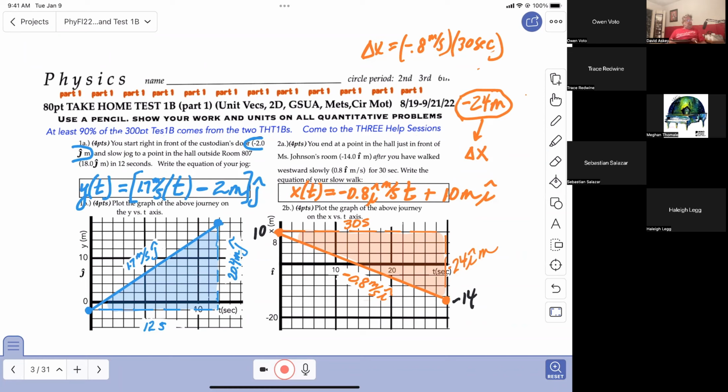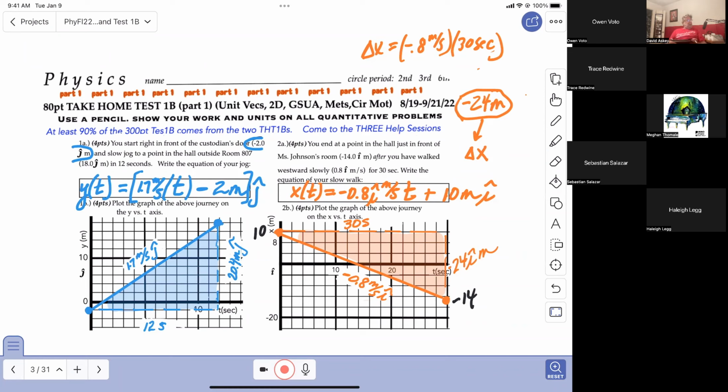One of the questions that came up, on 2A and 2B, was how do I know if it's a positive or a negative slope? Because if you're reading 2A, it says slowly at 0.8 I roof meters per second. It doesn't say negative 0.8 I roof.